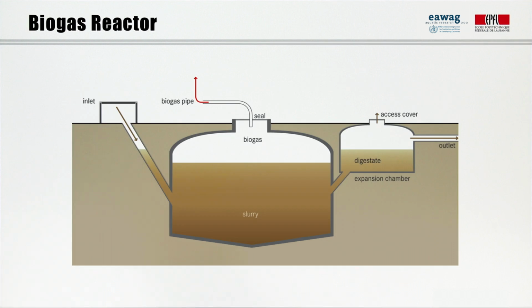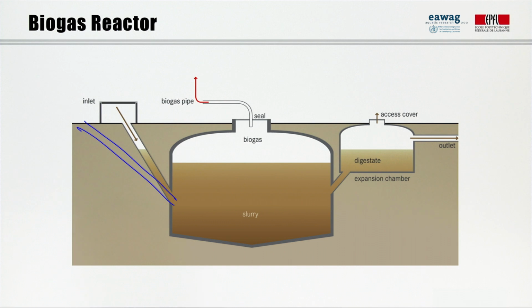In the septic tank, ABR or anaerobic filter, the gases produced in the anaerobic processes are just released into the atmosphere because their quantities are relatively low. A biogas reactor or anaerobic digester, however, is designed to generate as much biogas as possible and to capture and collect it so that it can be used as a renewable energy source for cooking or other purposes. The black water from a toilet can be directly connected to the digester.